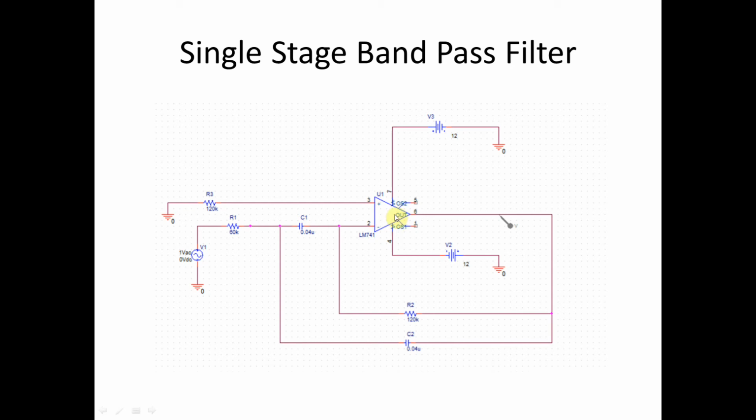Here the input is given to the inverting terminal, pin number 2, and pin number 3 is given to the ground through a resistance. Pin number 4 is connected to the minus 12 volt supply, and pin number 7 is connected to the plus 12 volt supply. This is the output.